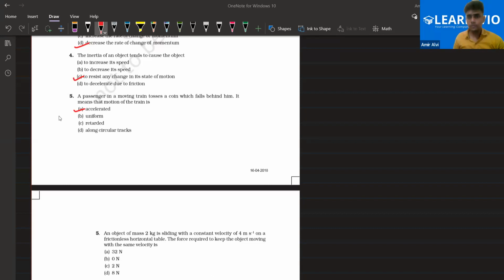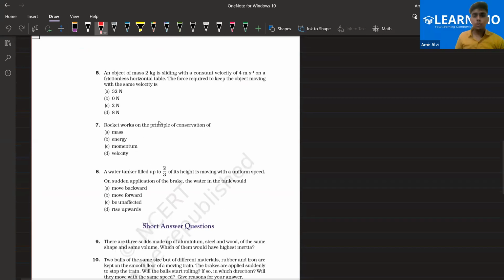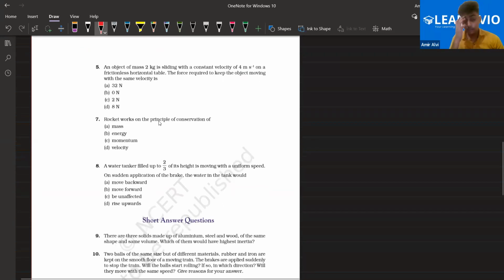Please solve the next one. This is a numerical. Please solve it and let me know the answer in the chat. And after this class, send me the screenshot of this solution. ठीक है everyone? Bharti, Heather, Saad, Anam. ठीक है? At least try. If not, I will solve it for you.